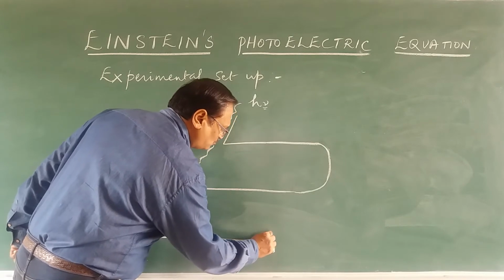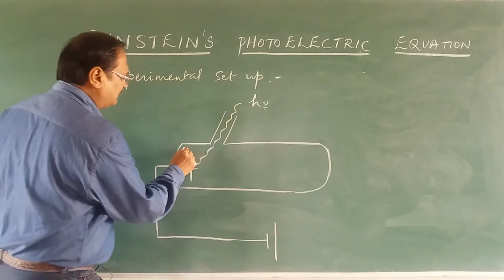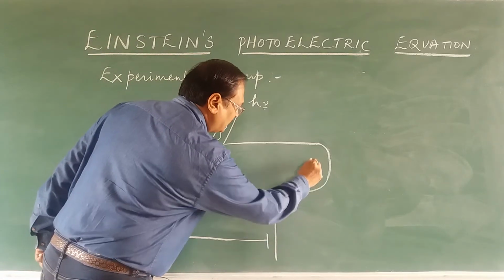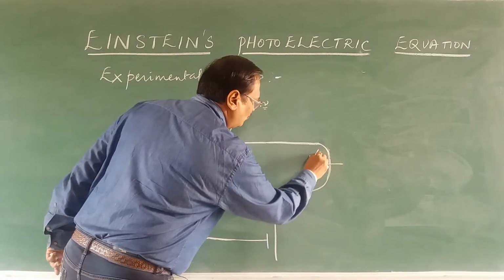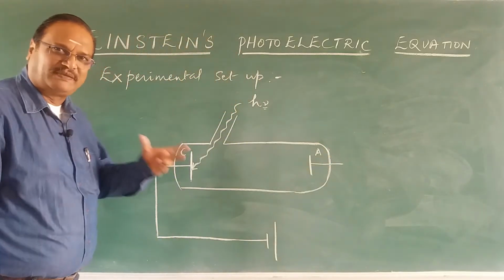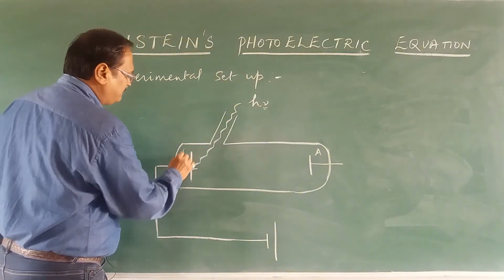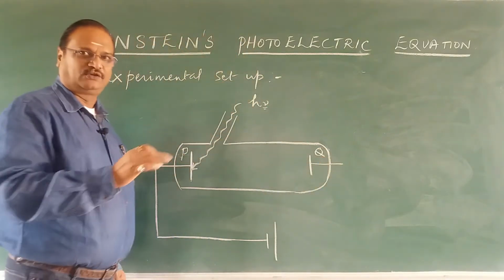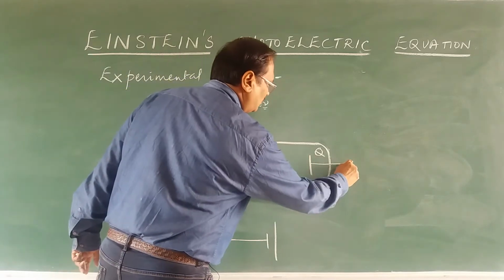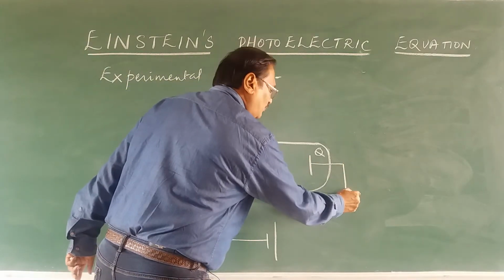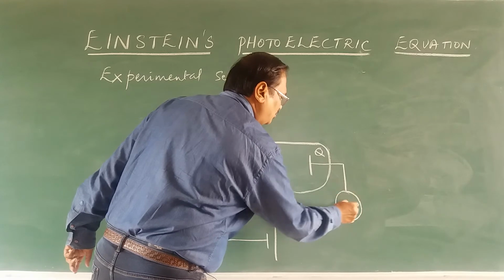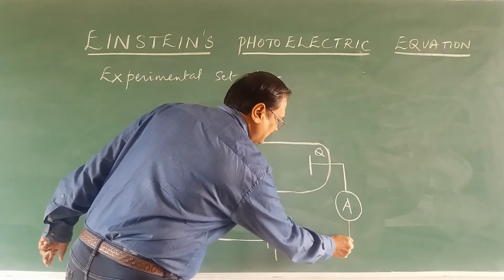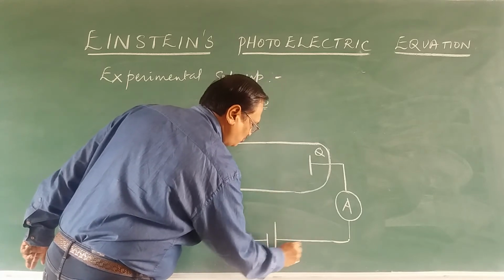I am going to connect this to negative. Let us call it electrode 1, or cathode, and naturally the other side we have the anode. But I would like to simply call them plate P and plate Q for a simple reason, I will tell you later. P and Q are the two electrodes I have, and now I have a galvanometer or ammeter. I can connect it with negative and positive.